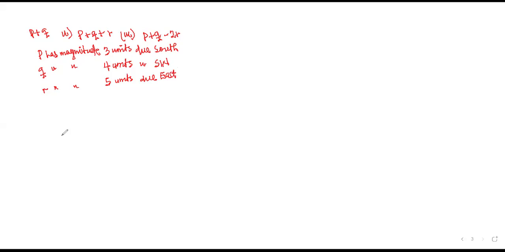Find P plus Q, P plus R. So first, represent the vectors on the Cartesian plane.